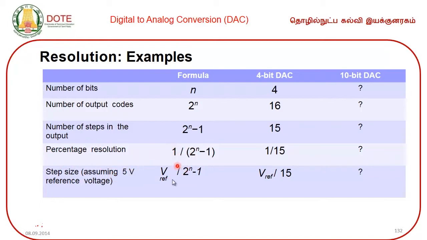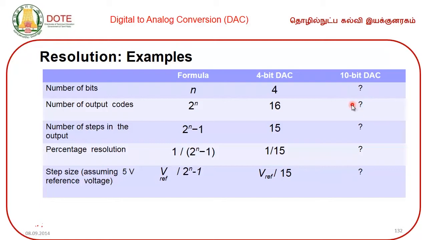Step size is reference divided by 2 to the power n minus 1. So, if you understand this, you can also fill up this data, right. So now what comes in this place? For a 4 bit digital to analog converter, the input is 4 bits of data; for a 10 bit digital to analog converter, the input is 10 bits of data.